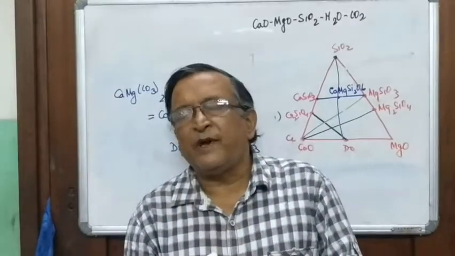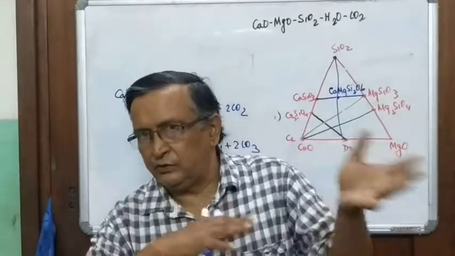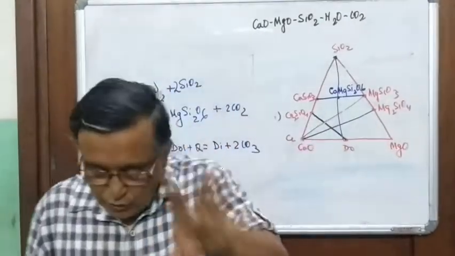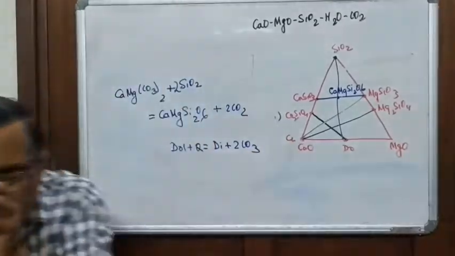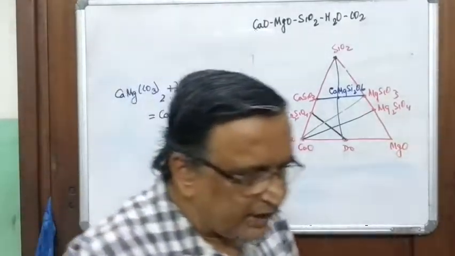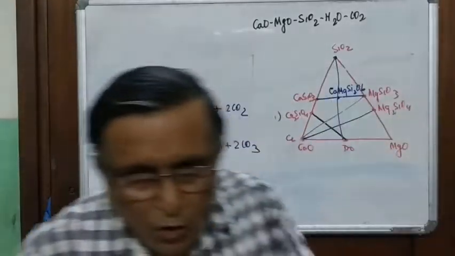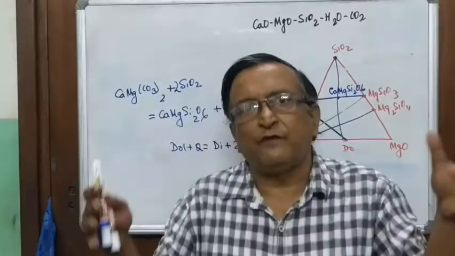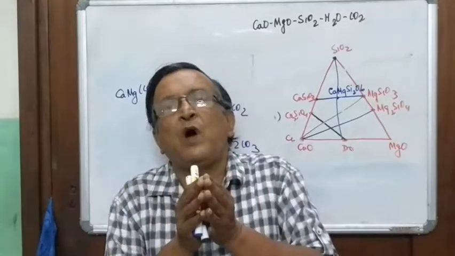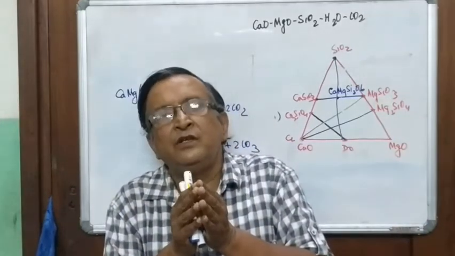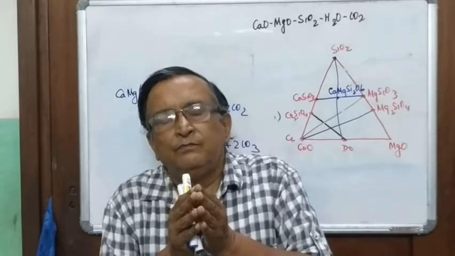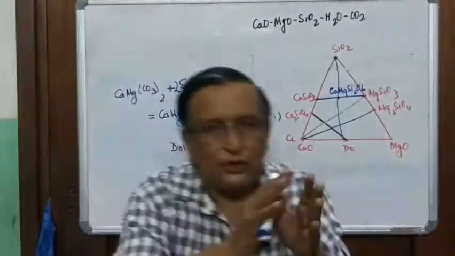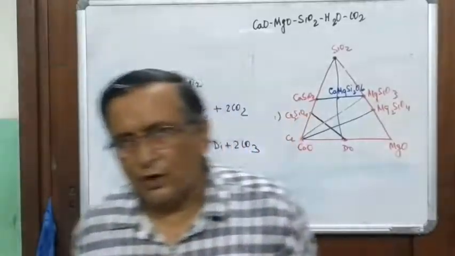The question comes, what is the proportion of dolomite and quartz? So if it's dolomite with a little quartz, then you will call it quartz dolomite. If I have a lot of dolomite in the rock and a few quartz grains, then you call it quartz dolomite. Dolomite is the dominant rock.